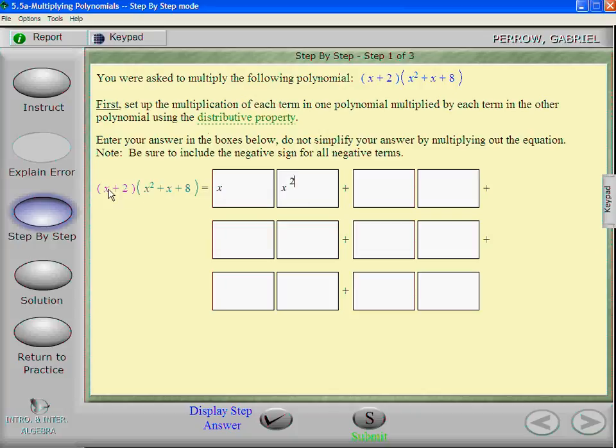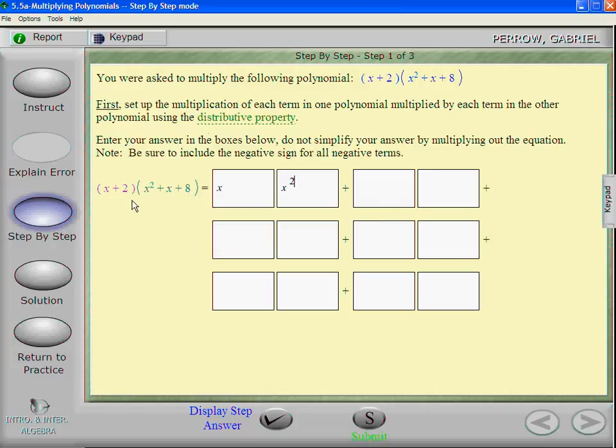But think about what we're doing here. We're taking x and we're going to sweep it through to all three of the terms in the other factor. And then we're going to move on to the 2, and we're going to sweep that through as well, multiplying with each value over there. And then you're going to end up combining any like terms that you have and then expressing your final answer.